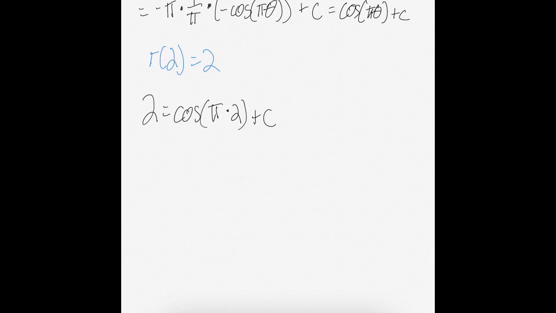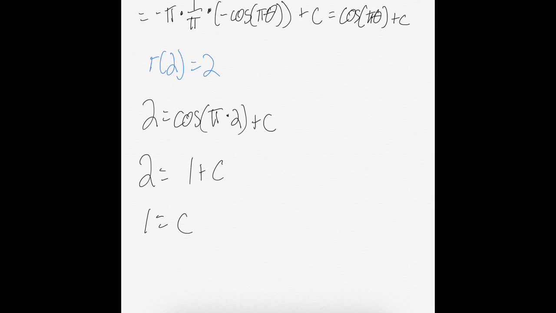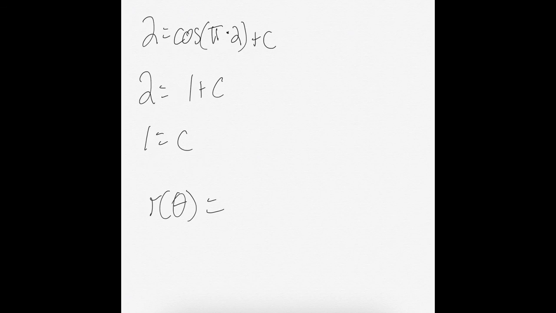But we also know that r of 2 equals 2. So 2 equals cosine of pi times 2 plus c. Well, cosine of 2 pi, that's just 1 because we are all trigonometry experts, right?